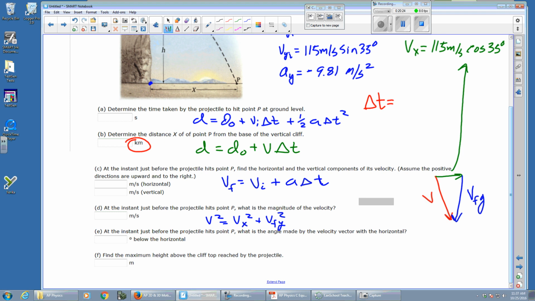I would use that if we call this angle alpha, I would use that the tan of alpha equals the final y over dx.